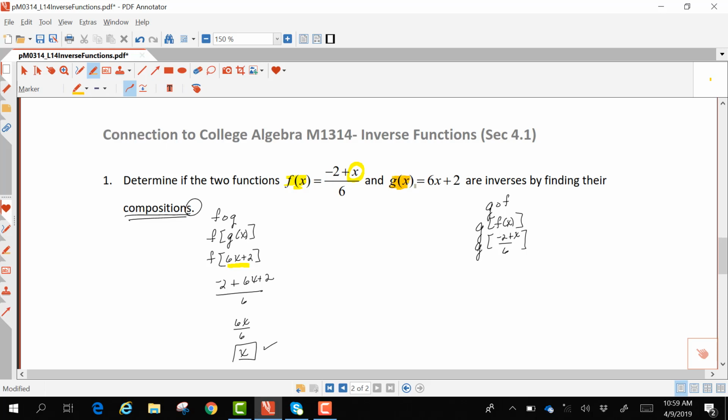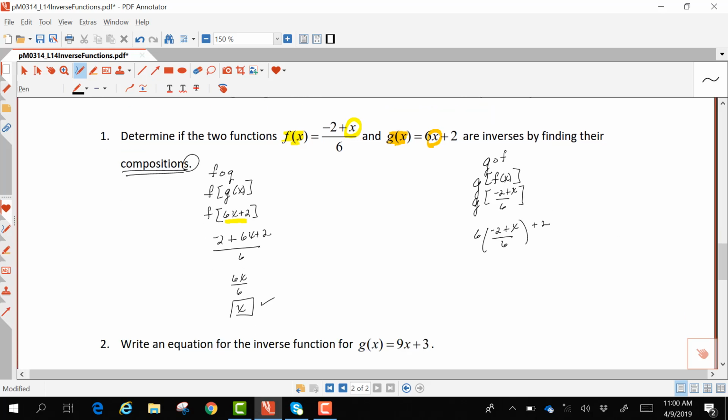Here's my g function, and in place of this x, I'm going to put that fraction. So this will become, in the g of x function, 6 times, replace the x with the negative 2 plus x over 6. Now simplify.